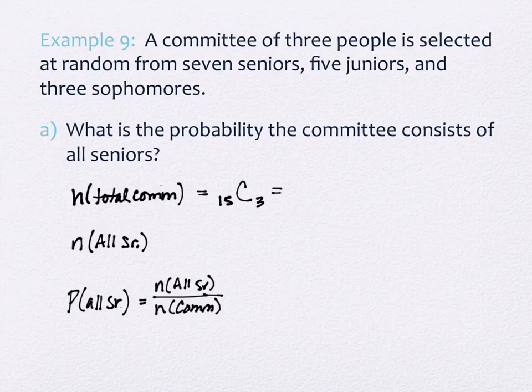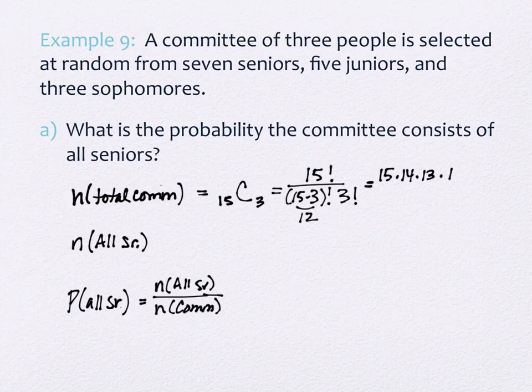So I have 15 factorial on top, and then 15 minus 3 factorial and 3 factorial on bottom. What is 15 minus 3? 12. So I'm going to write my 15 out till I get to 12: 15 times 14 times 13 times 12 factorial, with that 12 factorial on bottom. Then I have 3 times 2 times 1. So the 12 factorials cancel completely.